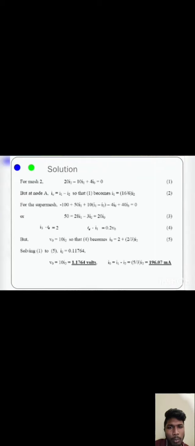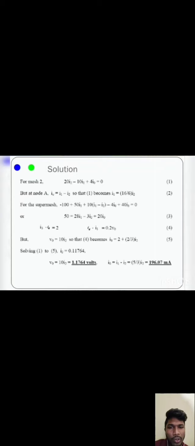From mesh 2, 20I2 minus 10I1 plus 4I naught is equal to 0. Let us consider this as equation 1. But at node A, I naught is equal to I1 minus I2, so I1 becomes 16 by 6 I2. For the super mesh, minus 100 plus 50 I3 plus 10 of (I1 minus I2) minus 4 I naught plus 40 I3 is equal to 0.